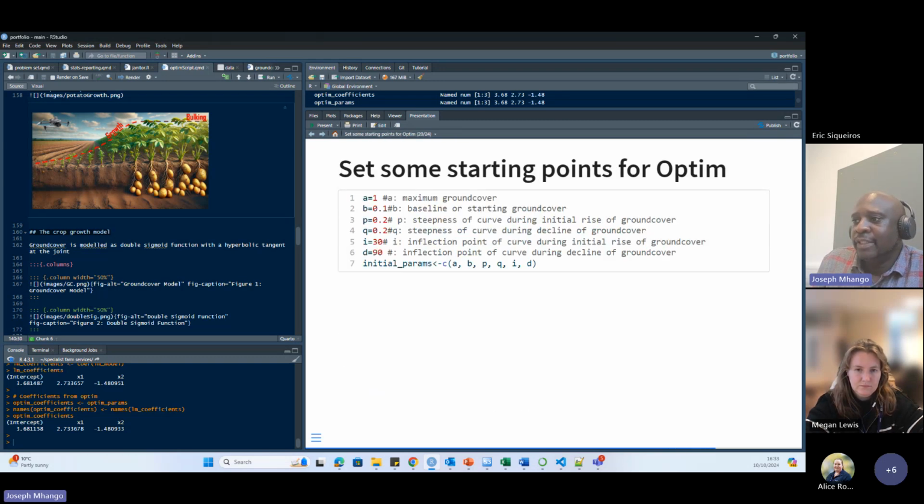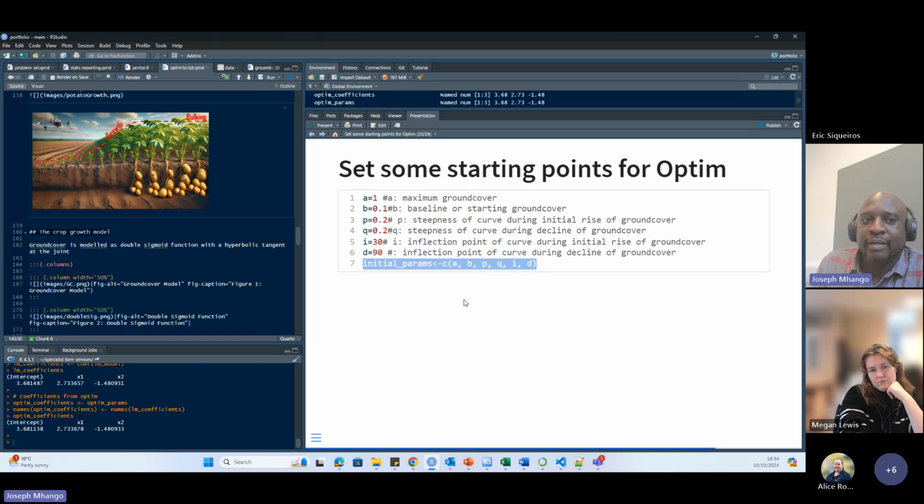And all I need to do is give some initial parameters. We said that you have to define some initial parameters. So I define them. These are just random numbers chosen wisely based on what I know about potatoes. They're just initial parameters on which the algorithm should start optimizing.